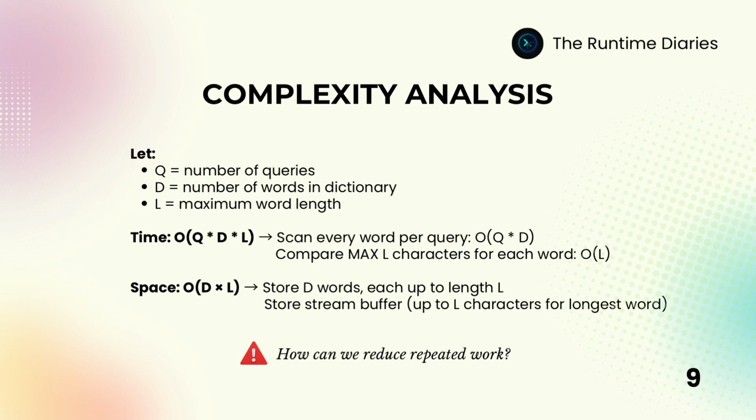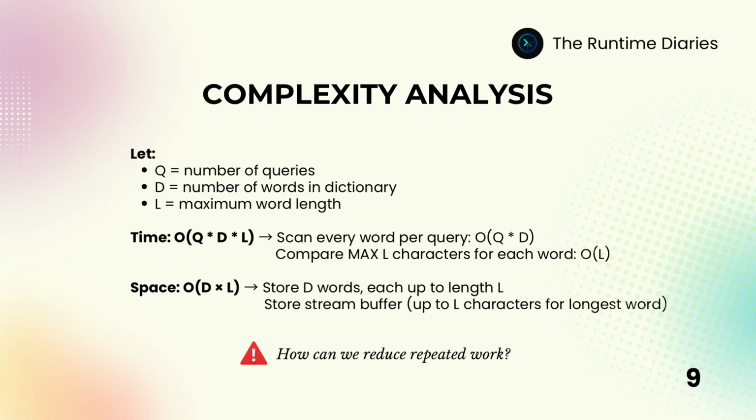Let's do the math. Let's define some variables. Q, which equals the number of queries, how many times the query method is called. D, which equals the number of words in the dictionary. L, which equals the maximum length of any word. For every single query, here's what happens. 1, we loop through all D words.